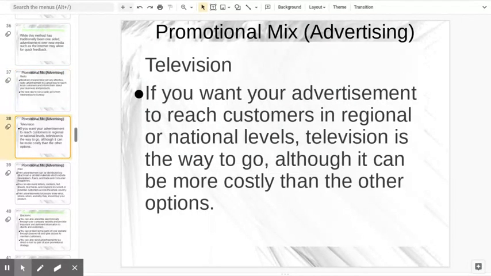Next, number two, television. If you want your advertisement to reach customers at regional or national levels, television is the way to go. Although it can be more costly than the other options. And we'll talk about the third one here in a second. But television is expensive.